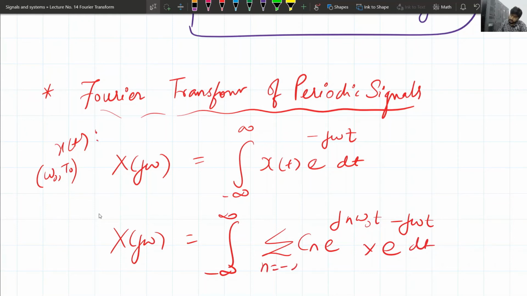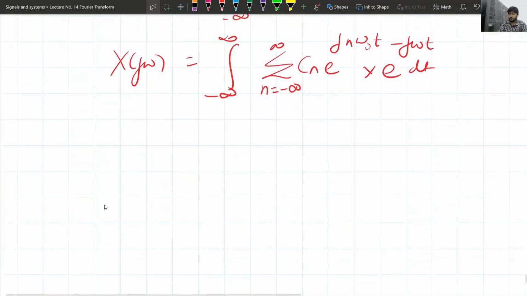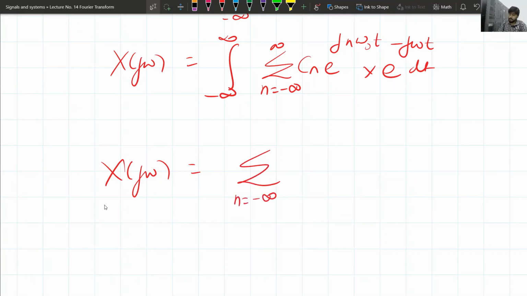Now taking this summation outside, we can write summation n equals minus infinity to infinity, Cn e to the power minus j (omega minus n omega naught) t dt.